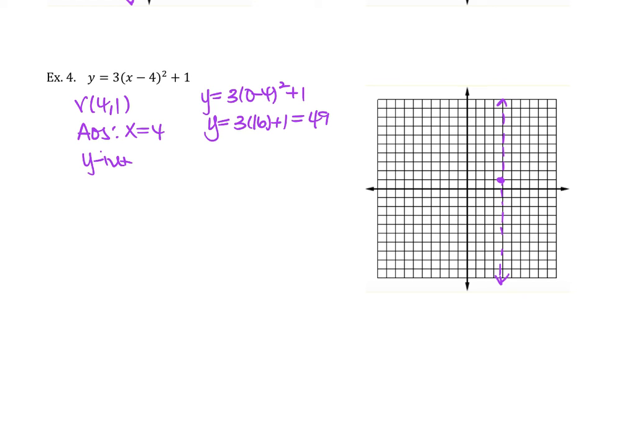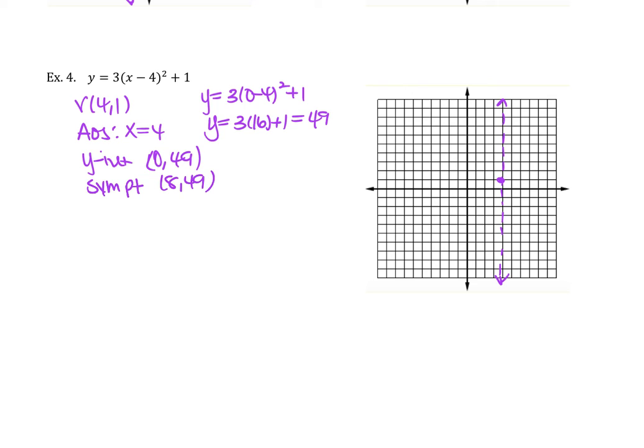So we have quite a big value for this. My symmetric point to this, if I were to get that one, it's at (0, 49), somewhere way up here. So it's 4 units away from my axis of symmetry, so I'd go 4 units in the opposite direction, which would give me a symmetric point of (8, 49).